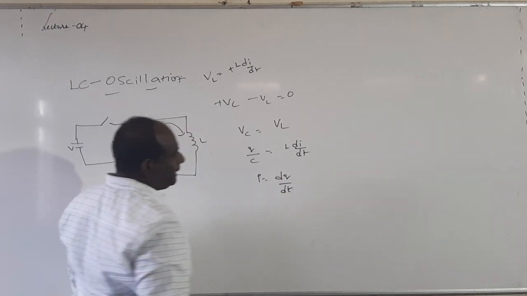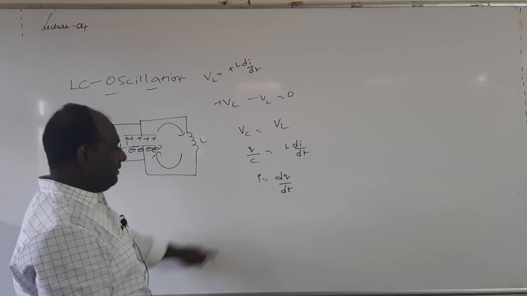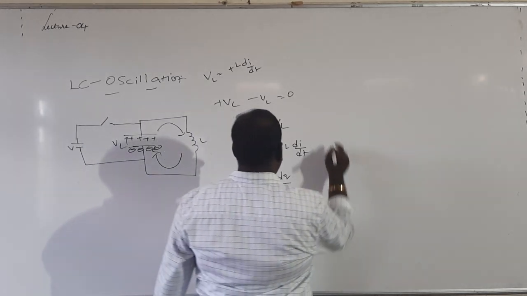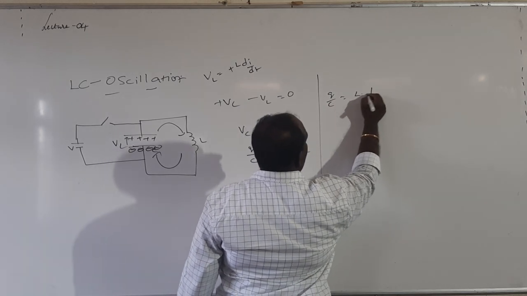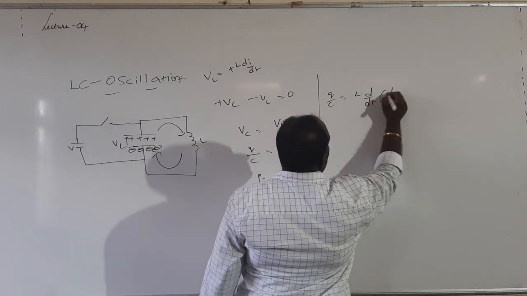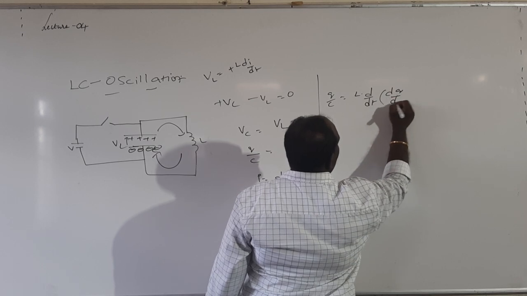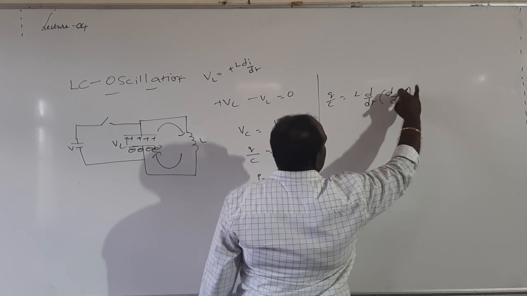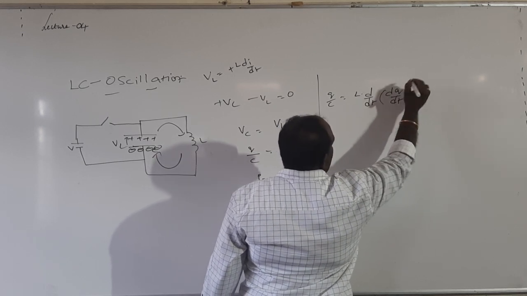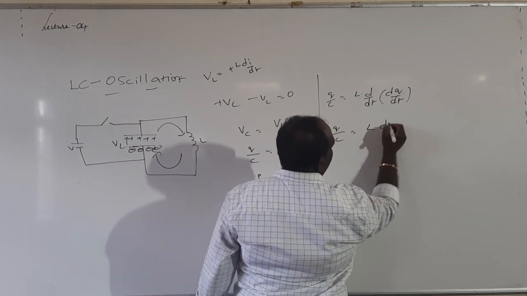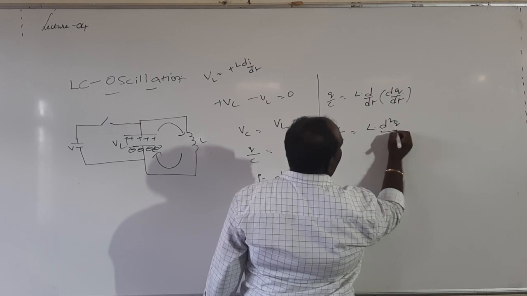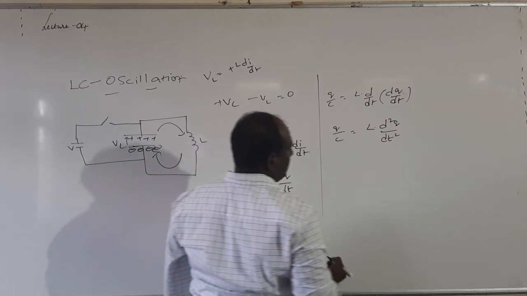If I substitute this I in this equation, what will I get? Q by C equals L into d by dt of dq by dt. Then Q by C equals L into d square q by dt square.